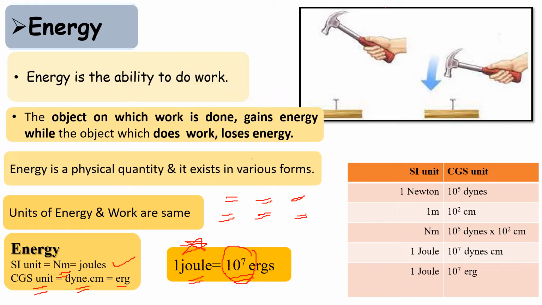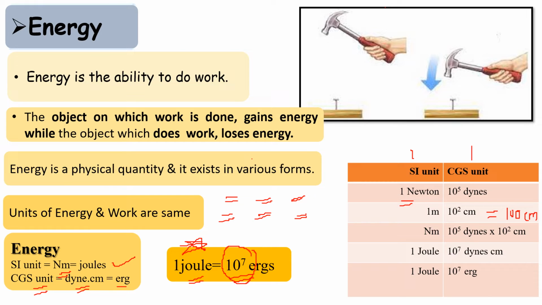So let's understand how we get this 10 to the power 7 ergs. Here I have made two columns. One is the SI unit column, the other is the CGS unit column. In SI unit, 1 Newton is 10 to the power 5 dynes. And 1 meter, we know, is 10 to the power 2 centimeter or 100 centimeter.